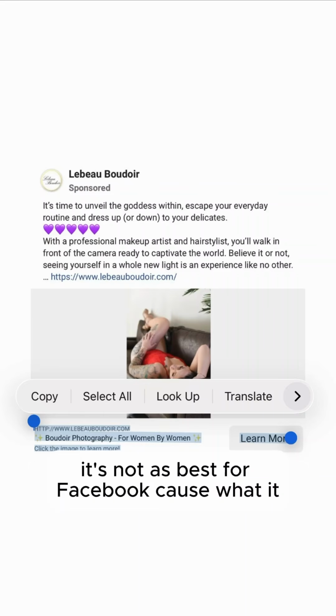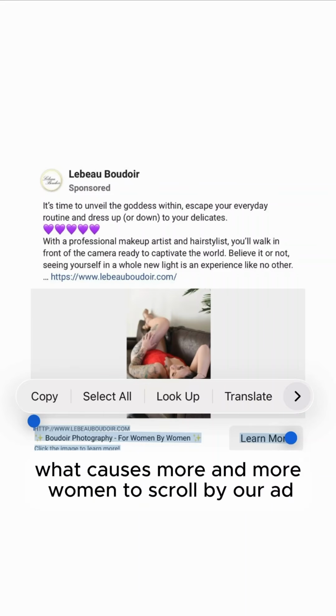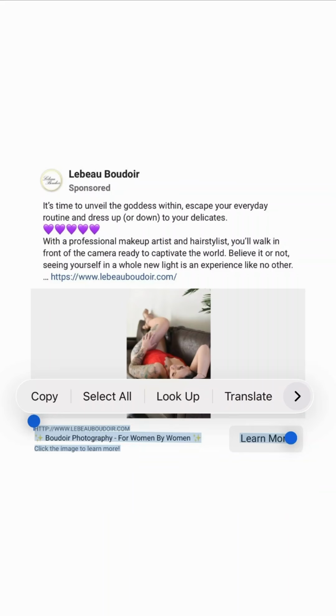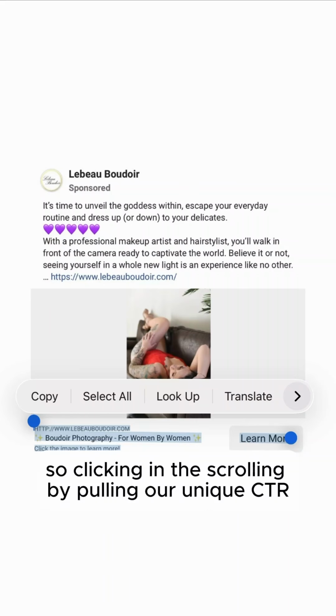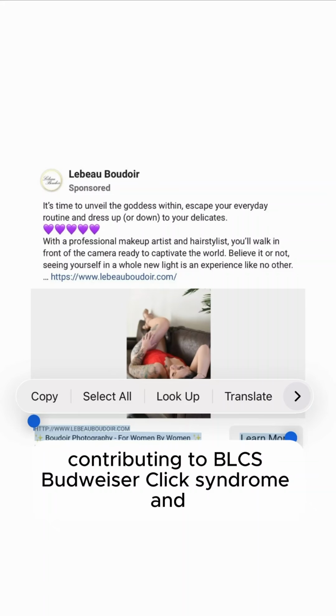In fact, it's not best for us, it's best for Facebook, because when we fill this out, it causes more and more women to scroll by our ad, which means instead of clicking in, they're scrolling by, pulling our unique CTR under 6%, contributing to BLCS, boudoir low click syndrome.